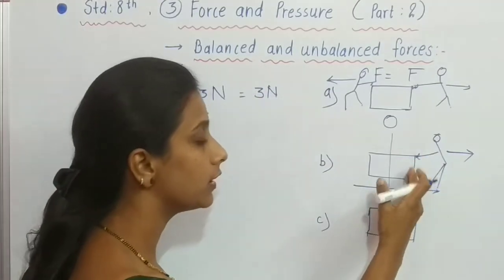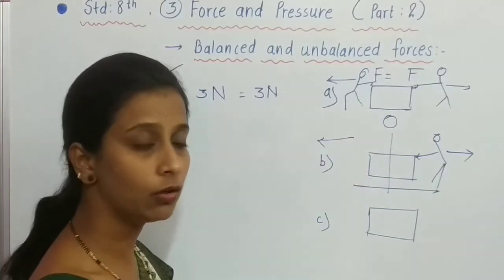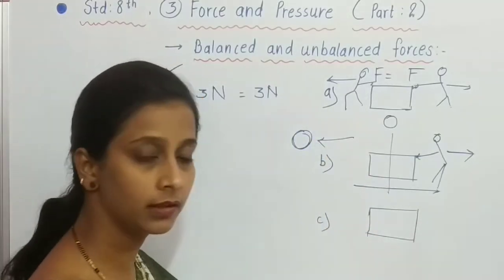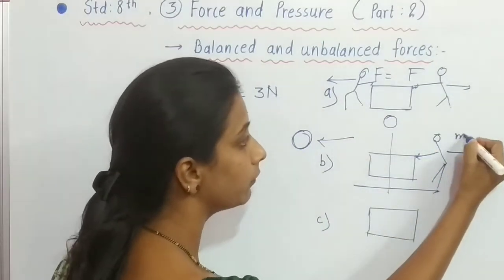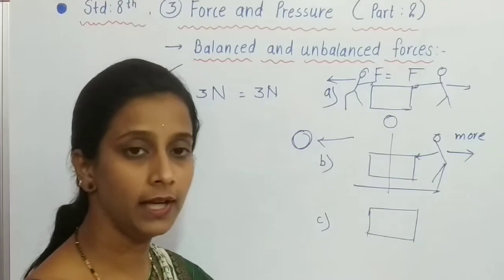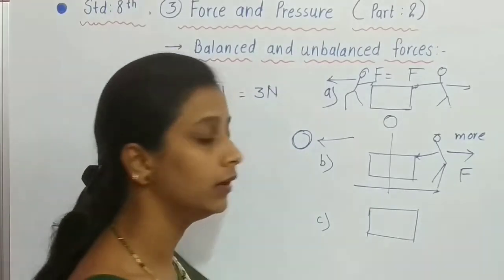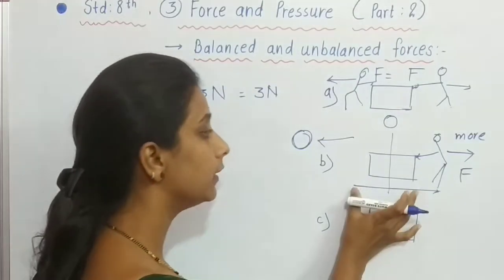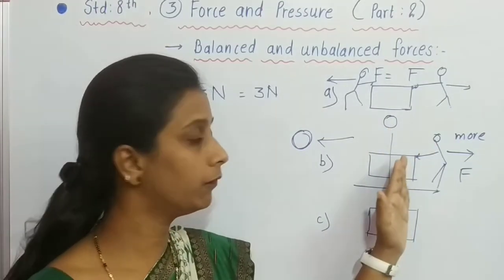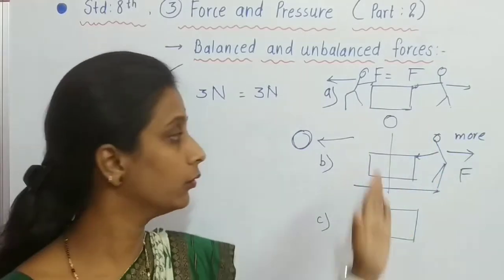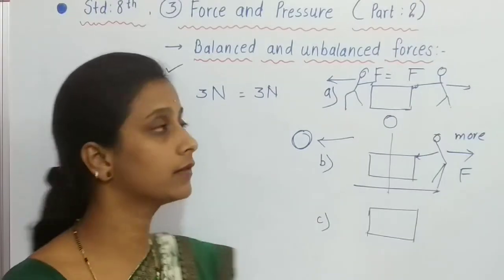More force is applied by the person, and from the opposite side there is no force, zero force acting on this object. Only from this side force is applied, so the object starts moving in the direction of force, and this is said to be unbalanced force. Means here large magnitude of force is present only in one direction. So it is an example of unbalanced force, right?